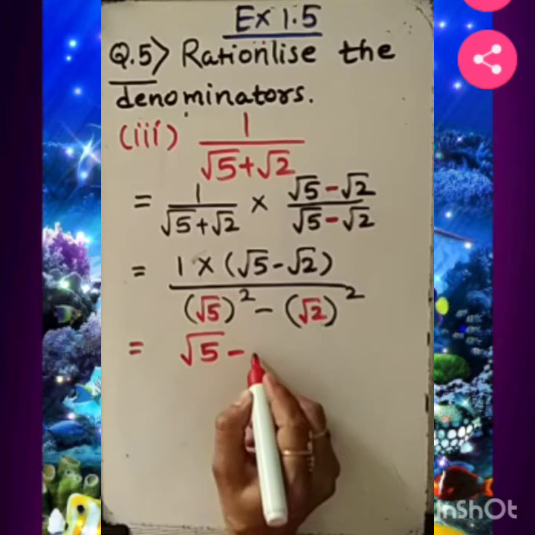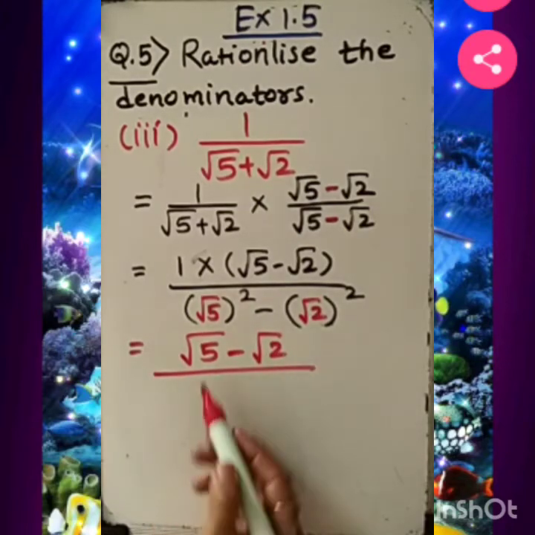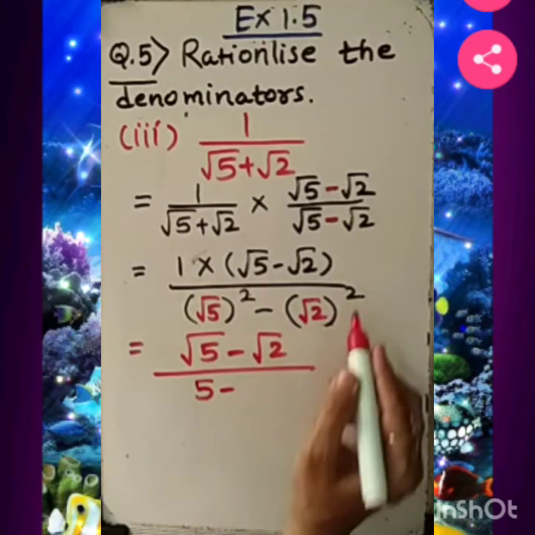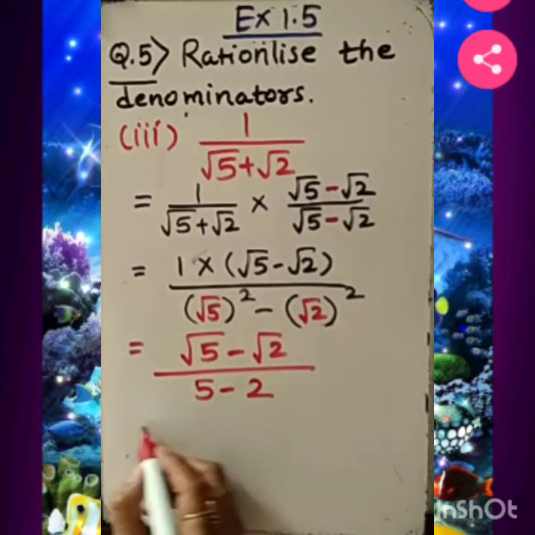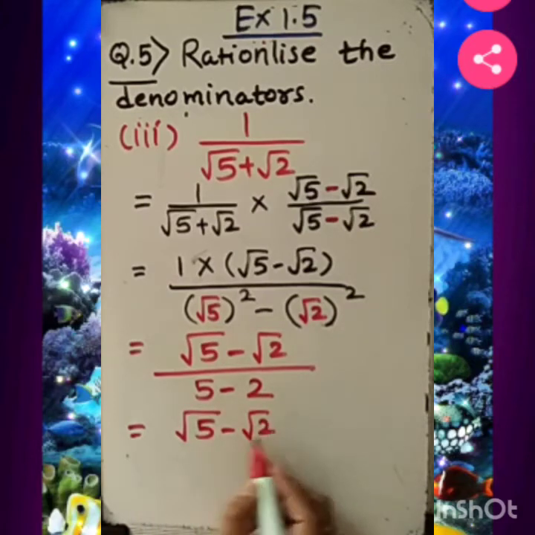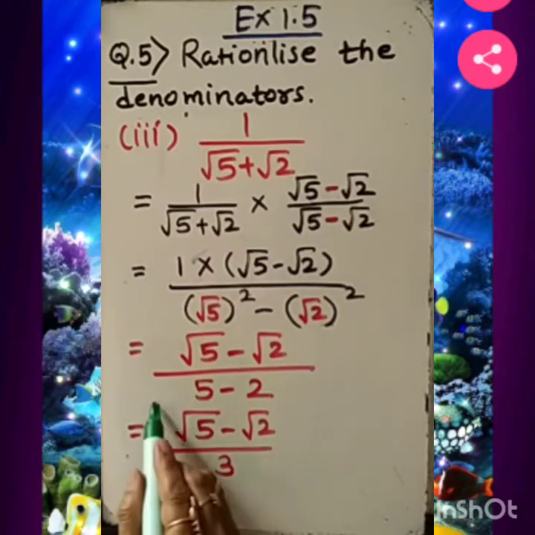Under root 5 minus under root 2. What about the denominator? Under root 5 square will become 5, under root 2 square will become 2. So in numerator we will have this, and 5 minus 2 we know is 3. This is the required solution, which is very easy.